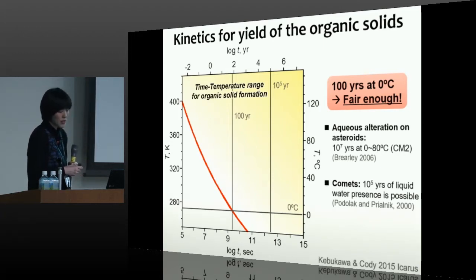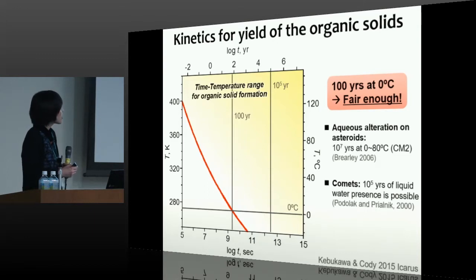Considering the aqueous alteration period is about 10^7 years, 10 million years, at 0 to 80 degrees Celsius, it's enough time and temperature to make enough organic solid.